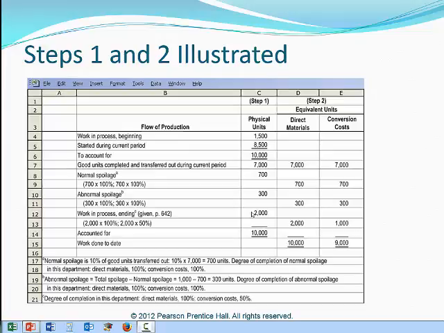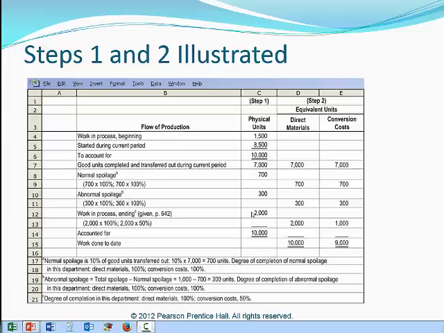Now, if you take the 1,000 units that we basically have to account for, that is our total spoilage number. If you take the total spoilage number and you subtract from it the allowed normal spoilage, then you will be calculating the abnormal spoilage. So what is outside of our range? So therein lies our formula. Abnormal spoilage equals actual spoilage, or the total spoilage, minus normal spoilage.